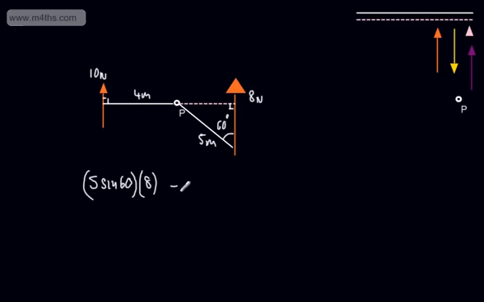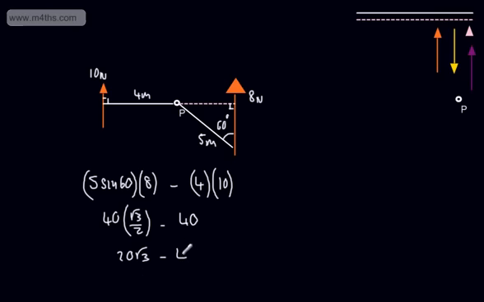This is just looking at the sense of the moment. This one is going to be now 4, that's a distance, and then the force is going to be 10. So what's going to happen here? Now that's going to give me 40. Now the sine of 60 degrees is root 3 over 2. Again, you can put that in a calculator, minus 40. So what's that going to give us? That's going to give us 20 root 3 minus 40.